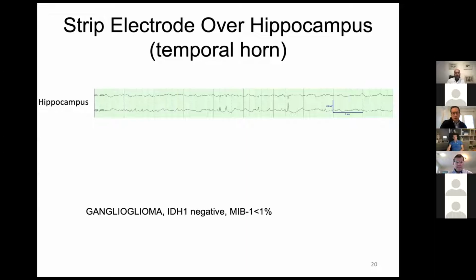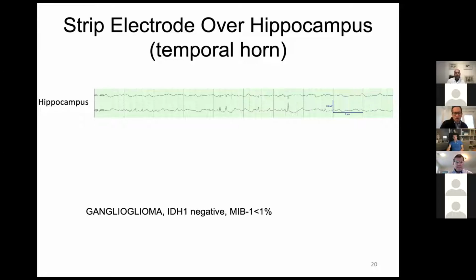Dr. McCann and Dr. Ochman had really spearheaded this kind of approach for mesial temporal lobe epilepsy and defining extent of resection for the hippocampus. And this was primarily used to help define the extent of resection of the hippocampus, even though it had no imaging abnormalities.